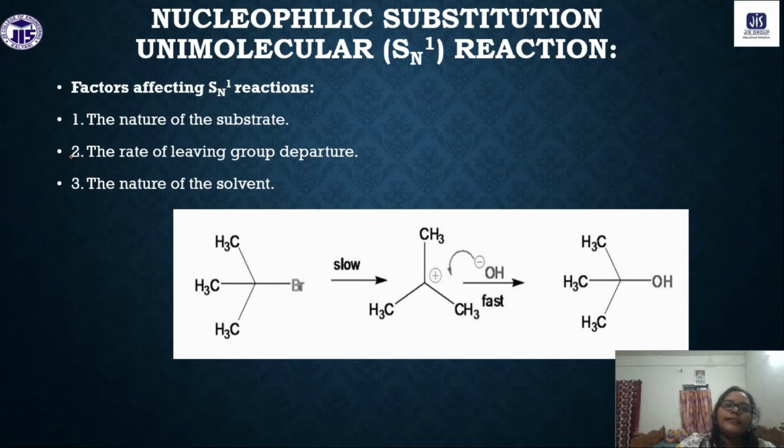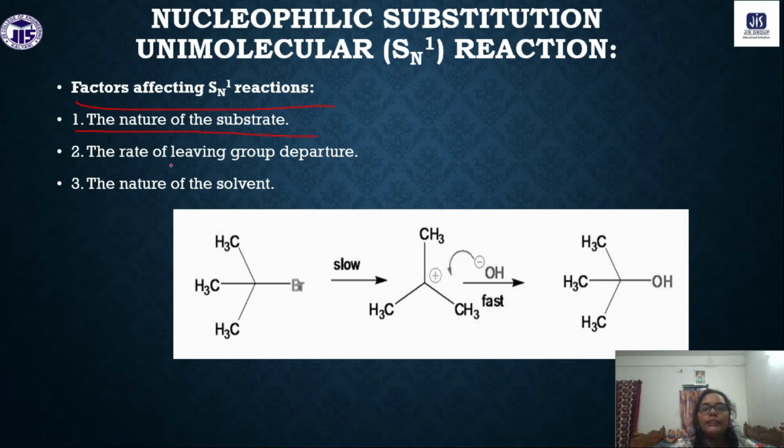Now these are some of the factors affecting the SN1 reaction. First of all, the nature of the substrate. If there is a bulkier group, the substrate will follow the SN1 reaction, because in the SN1 reaction, first of all, a carbocation will form.